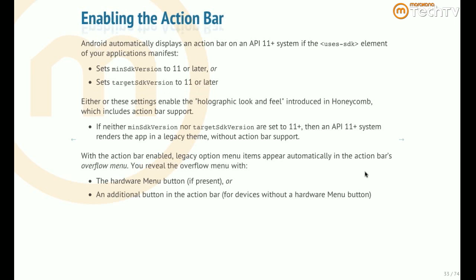So what we're going to look at is how to enable it. Basically, if you're using Android that's newer than Honeycomb, so any tablet-based Android, which is basically API level 11 or above, it's going to be pretty much automatic. If you're using older ones, it may look like the old menu. So they're very comparable.